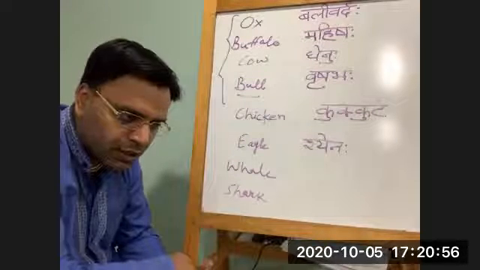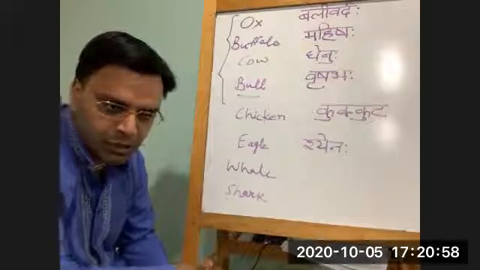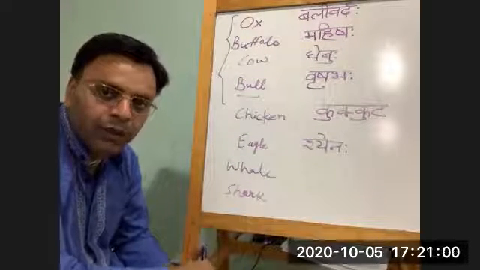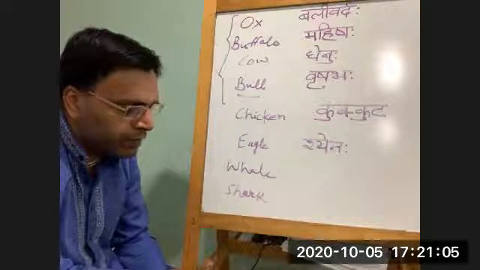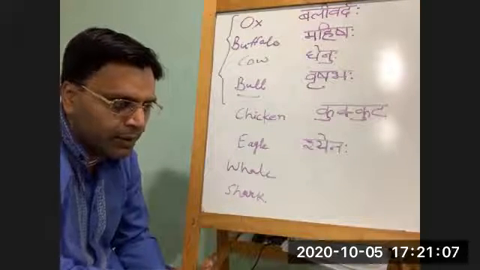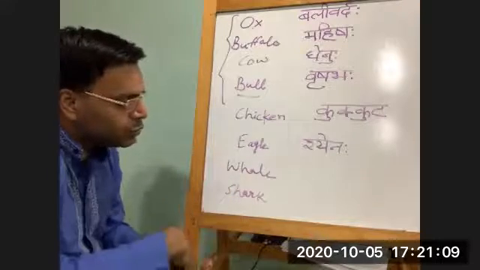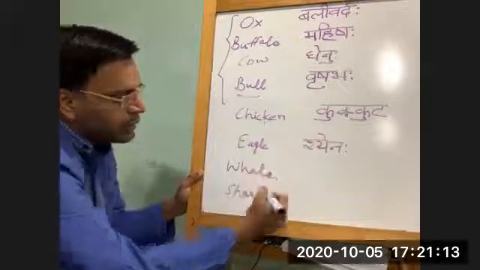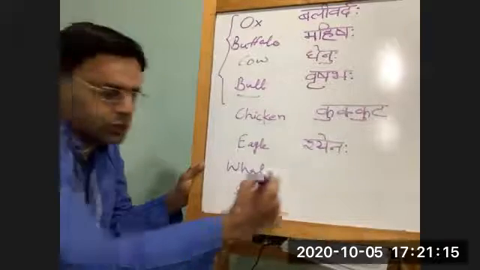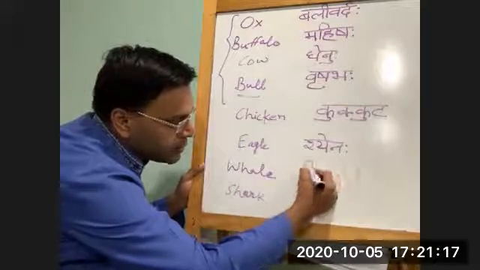Fish in general is called matsya or meen. So small fish is generally meen, and big fish matsya. And there is a particular name which is used for whale in Sanskrit, or actually for the big fish, that is called timi. So timingala or simply timi.